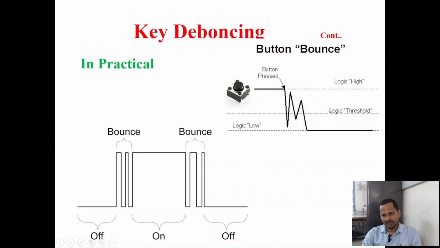This effect we call the debouncing effect, or key debouncing effect. To avoid this key debouncing effect, we need some kind of technique. There are two techniques we can follow. One is through the microcontroller, through a program, or by means of an external circuit we nullify it. Through my microcontroller, once it identifies the switch goes to on, I make a delay up to this particular period.